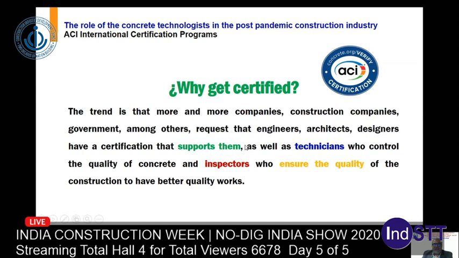So basically, a certification is a knowledge that supports and gives the whole team a higher level of confidence that this individual could contribute to improve quality in concrete construction.